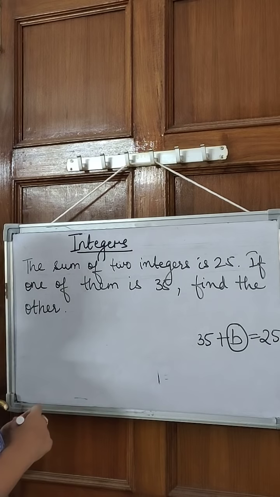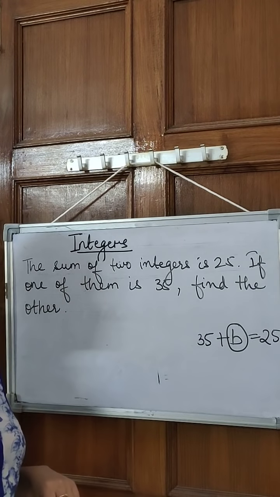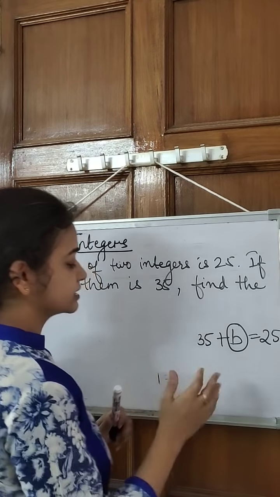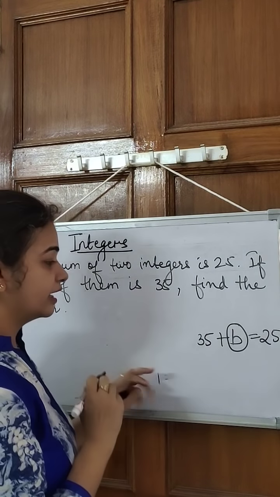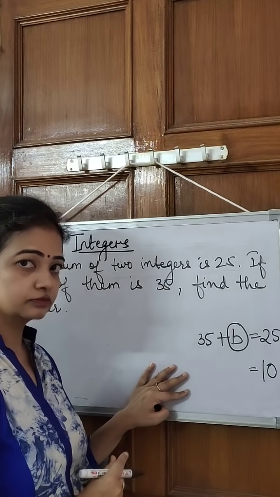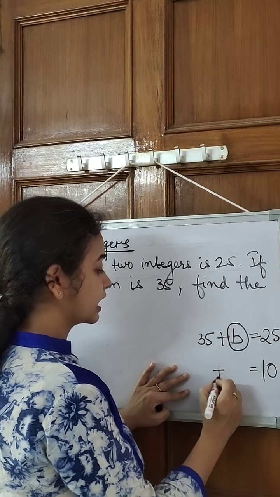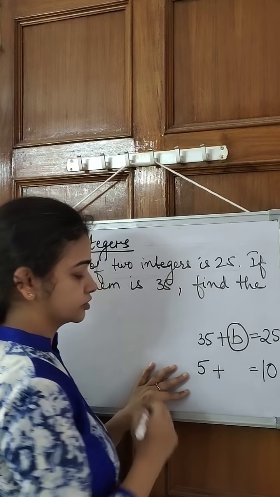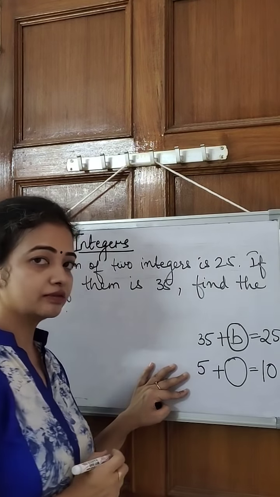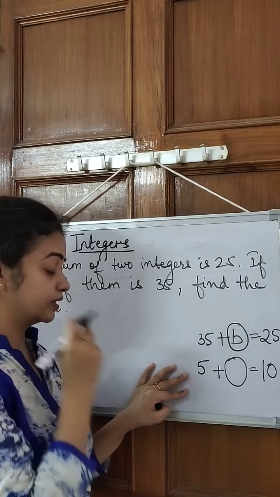Okay. So the same question, if I take it in a simpler manner. If I say that I have 10 toffees, and I give 5 toffees to my best friend, how many toffees are left with me? 5. Yes, very good.